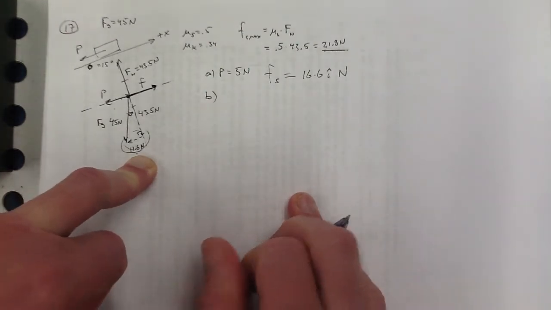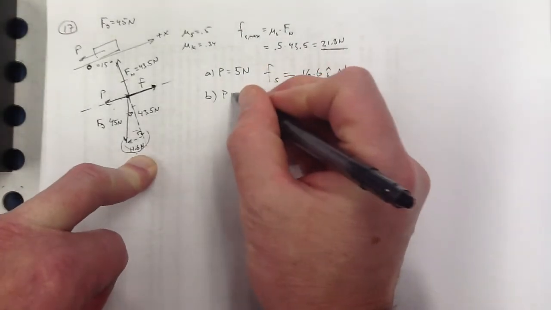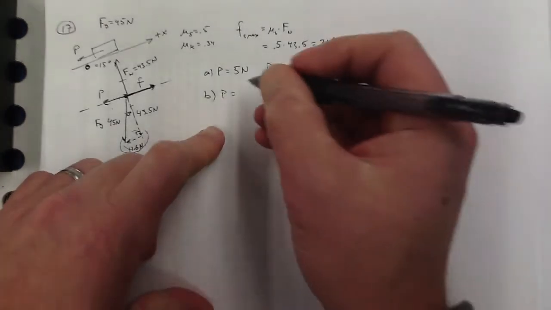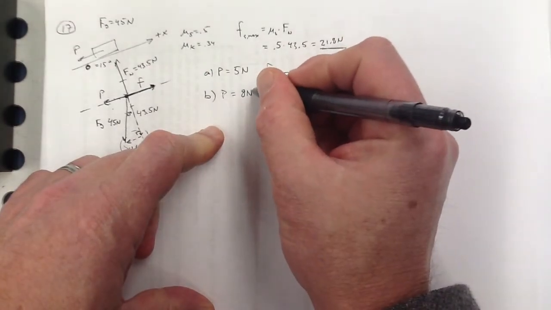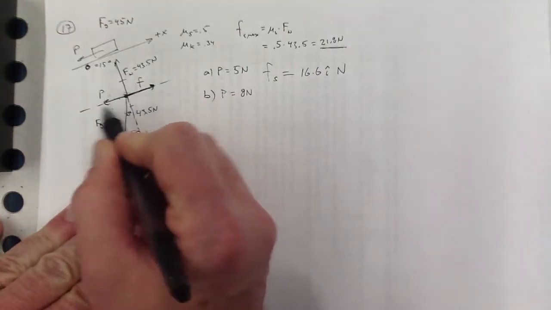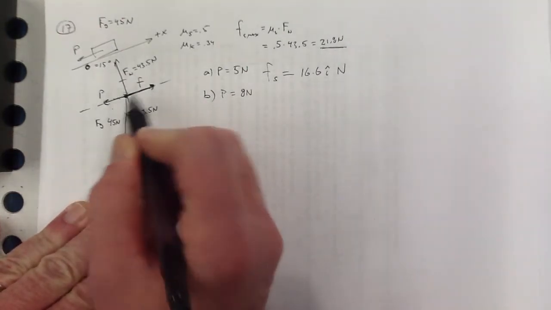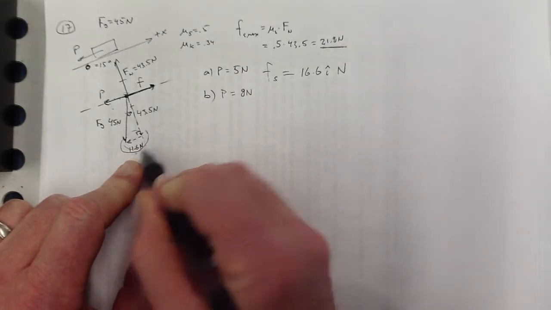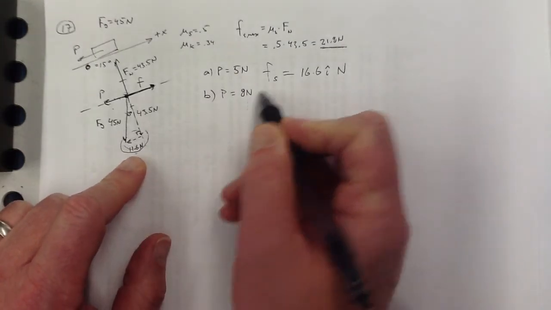Okie dokie. How about if that pulling force down the ramp is 8 newtons? Why am I not writing the negative 8 in the i? Because I have it in my diagram. I'm showing here what the direction of it is. So let's see. I would have 11.6 and the 8, that's 19.6.